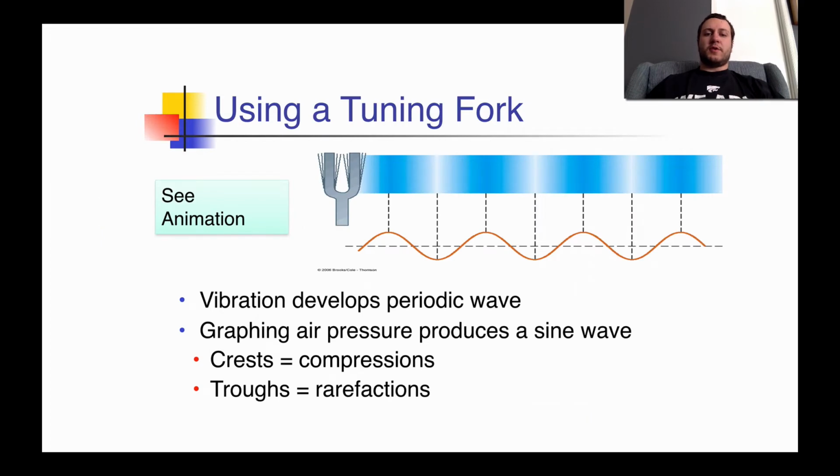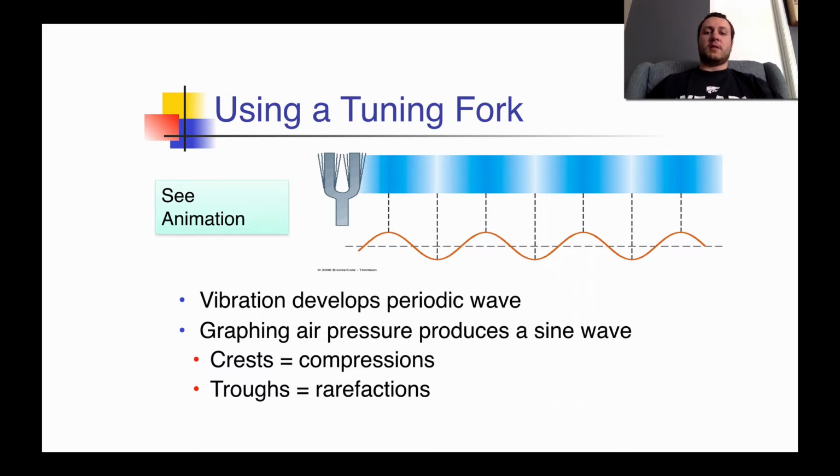Now, as we use our tuning fork here, just keeping with that tuning fork example, we can actually translate a longitudinal wave into a transverse wave. Because typically when we see waves, we see transverse waves. That's your sine cosine pattern. If you look at that tuning fork picture here, we see the high density represented in the darker blue, the low density represented in the lighter blue to white.